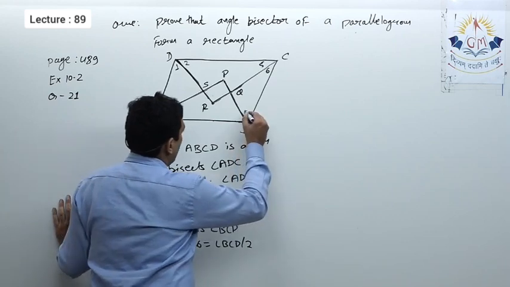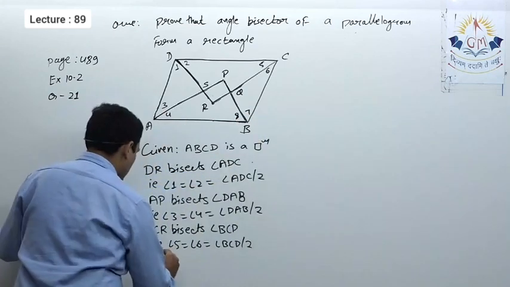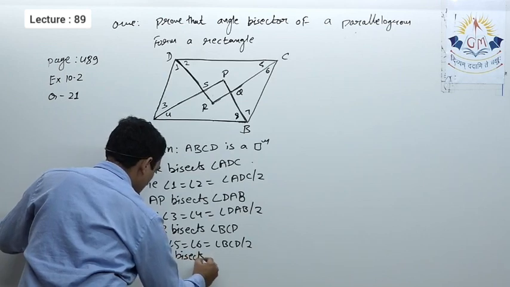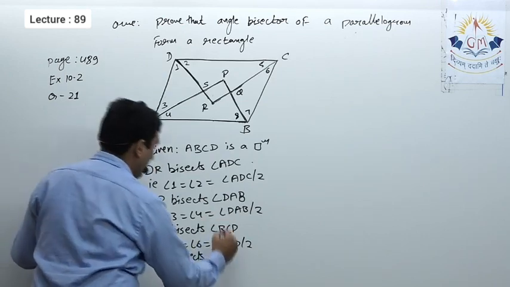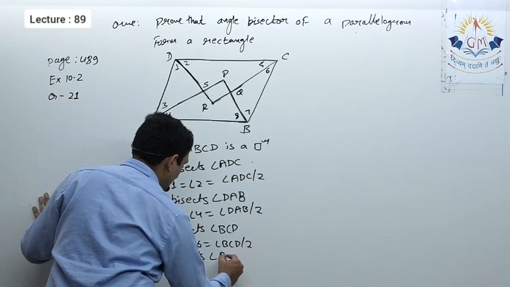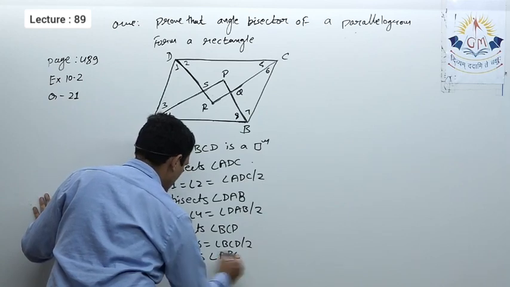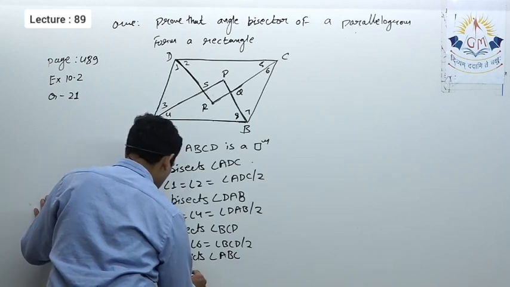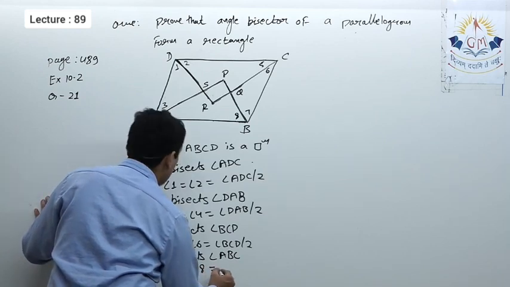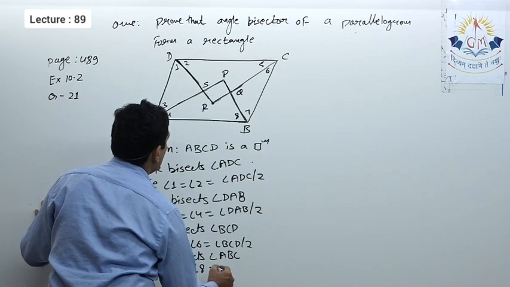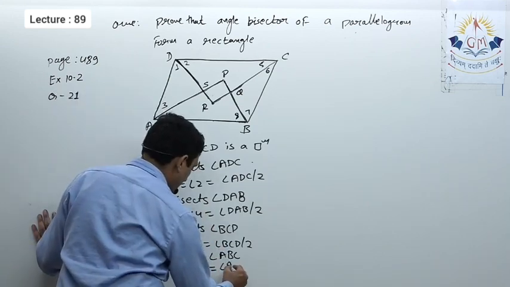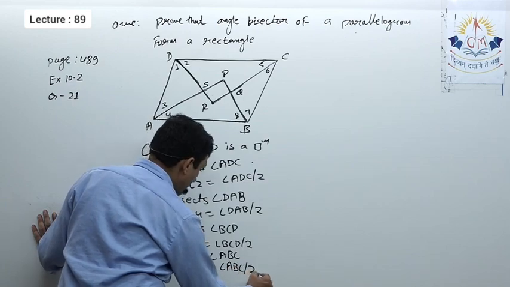Now finally, this is 7, this is 8, so here I will write BP bisects angle ABC, that is, angle 7 is equal to angle 8 is equal to angle ABC by 2.